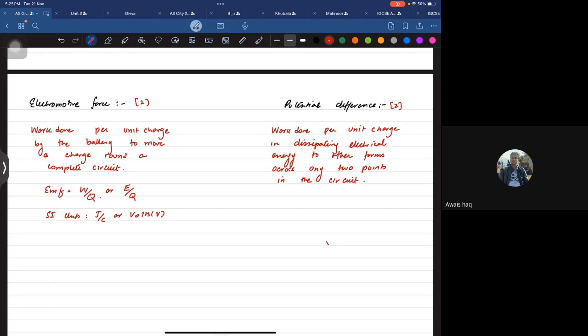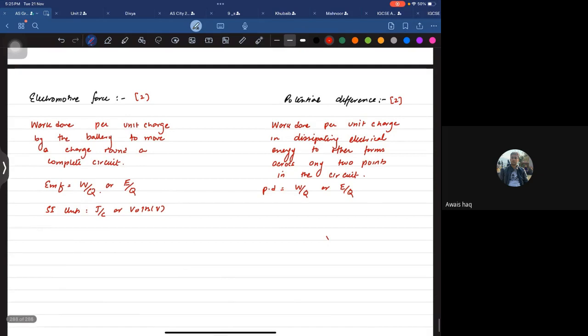Now for this one, potential difference is work done per unit charge or energy per unit charge as well. Same formula, everything is same. Just the definition is different because they have different concepts. And the SI units would be joules per coulomb or volts.